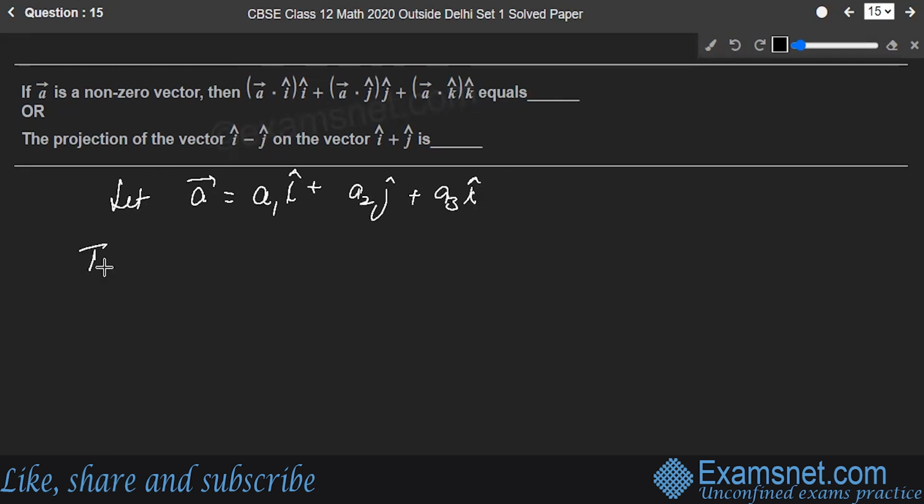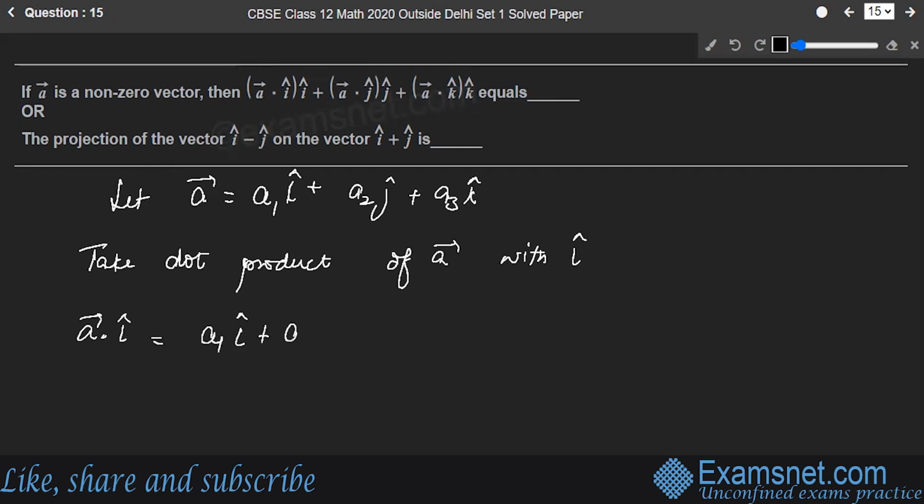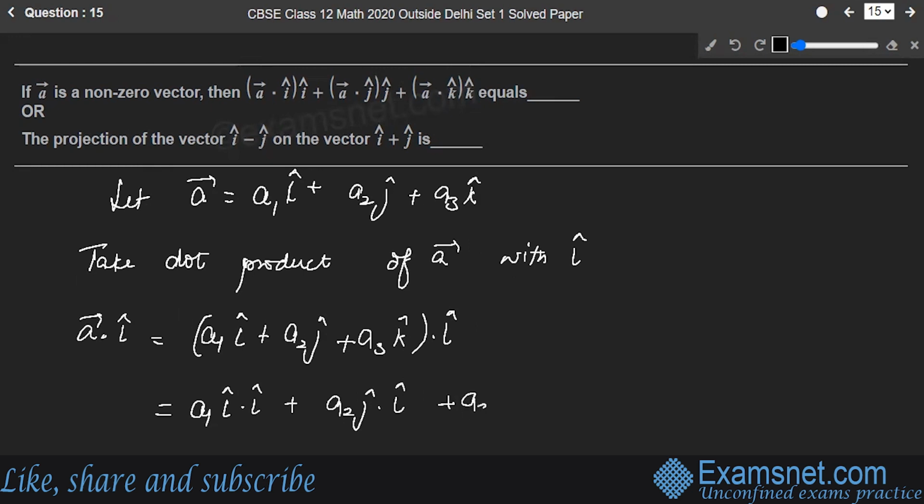Now, let's take the dot product of A with the i vector. So A dot i is equal to A1 i, A2 j, A3 k, each having a dot product with the i vector. This will be equal to A1 into i dot i, A2 j dot i, A3 k dot i.